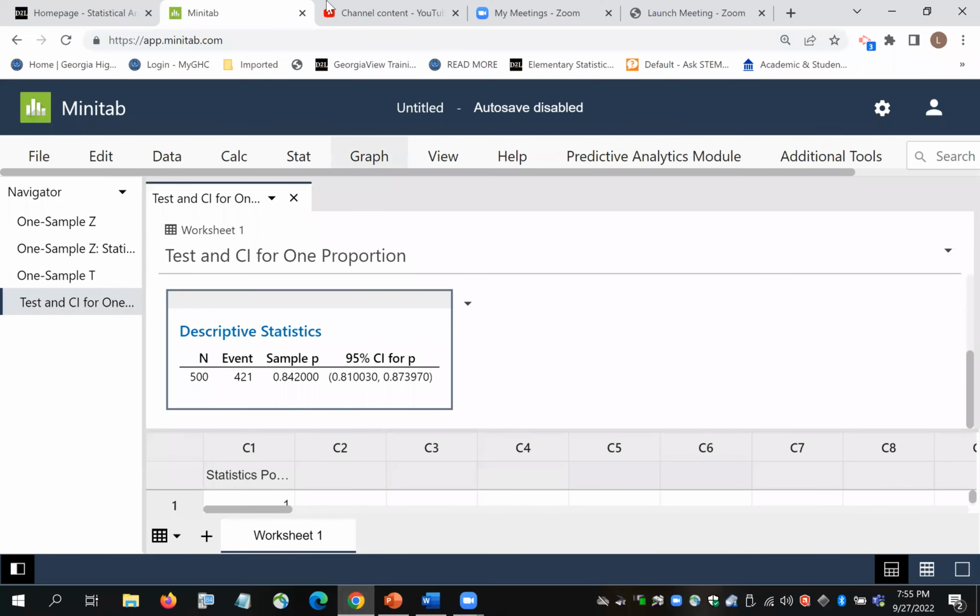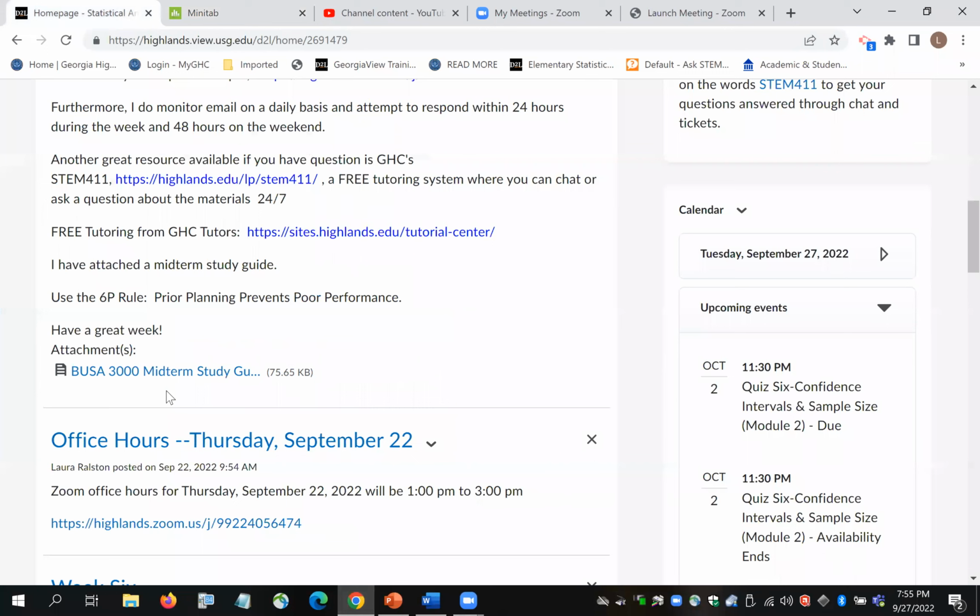Again, I would strongly encourage you to look over the midterm study guide that is attached to the announcement for week 7. And if you have questions, you need to send an email. You could post it. You could send an email.